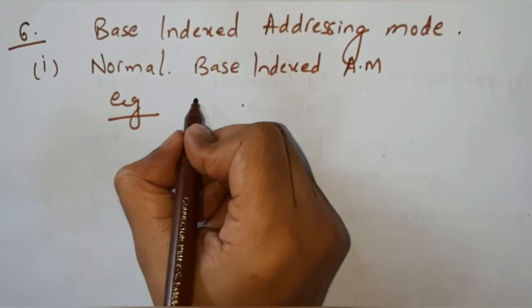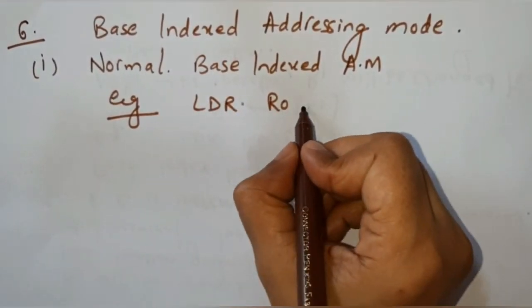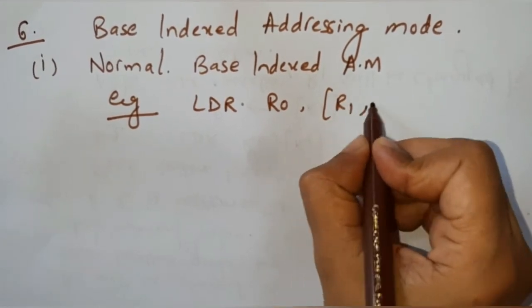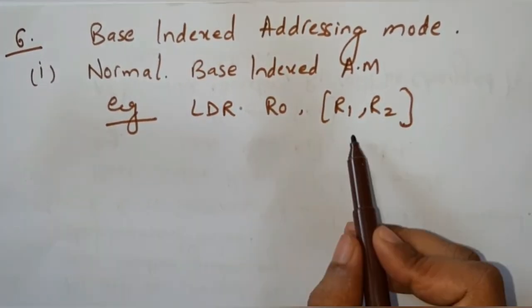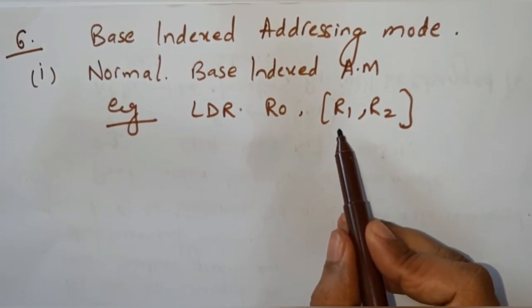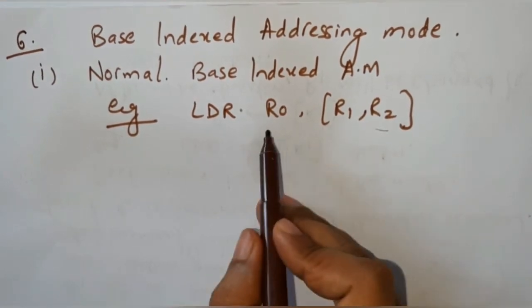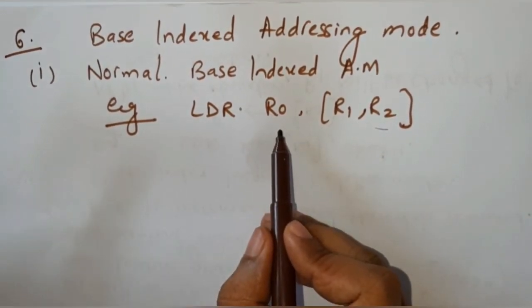Example: in this base indexed addressing mode, the content of the memory location given by the sum of registers R1 and R2 will be moved to the register R0.